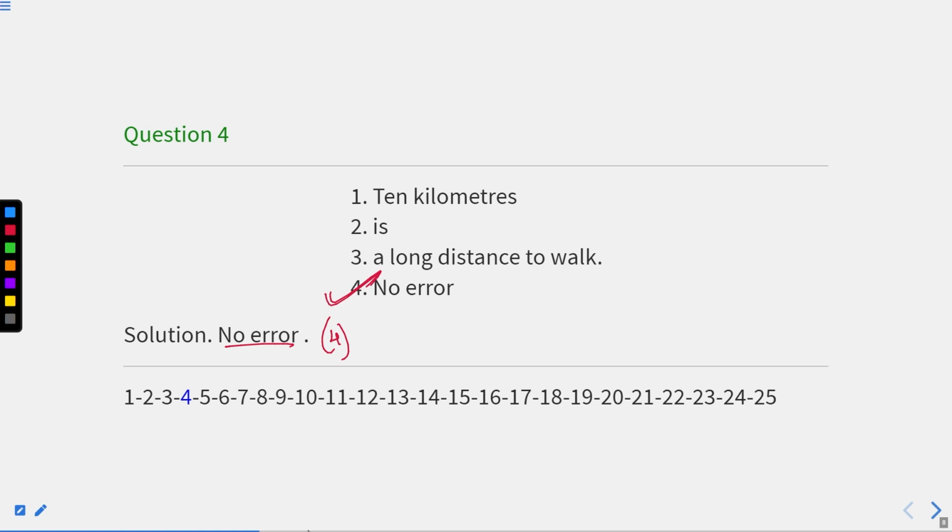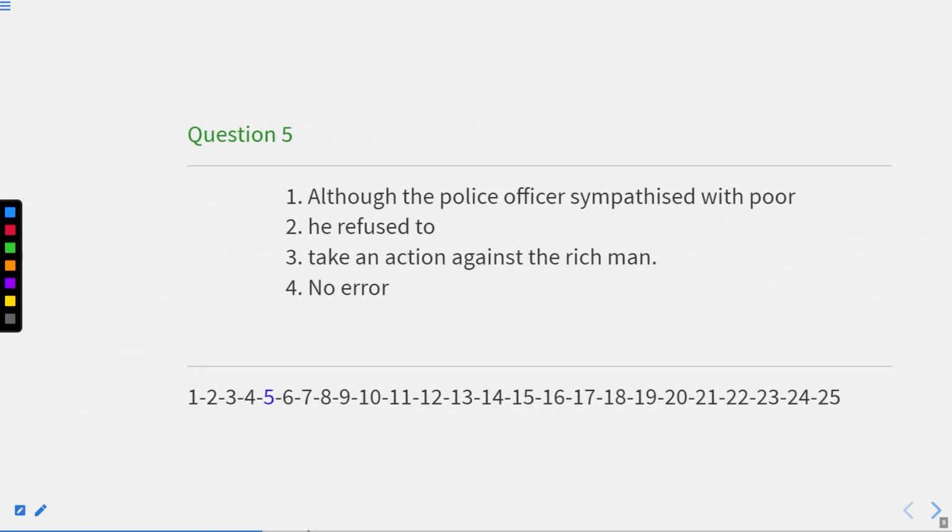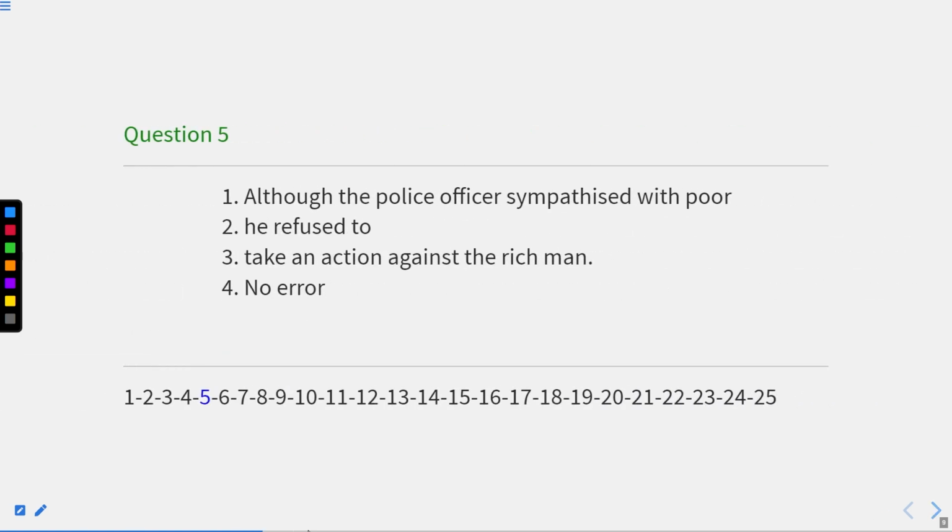Okay, now let us move to the next one. This one is question number 5. Although the police officer sympathized with the poor, he refused to take an action against the rich man. Now as you can see, before poor, we need to write the. Why so? Because if we use an adjective as a noun, or if we show the adjective as the category of a noun, we need to put the before it.